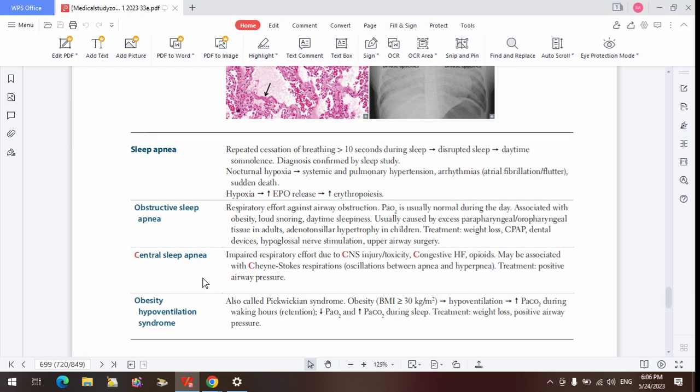When CO2 is reduced, your breathing has to normalize, right? It has to normalize because you have hyperventilated and taken out the CO2. But remember we are talking about the sleep one now, because we said it gets exaggerated at night. So at night there's already a reduction in respiratory effort. That will worsen that cessation, that reduced breathing, when they have brought the CO2 level to normal. So they are likely to go into apnea.